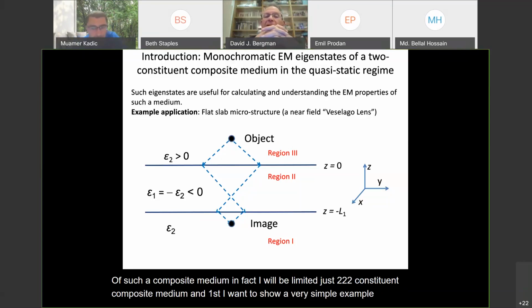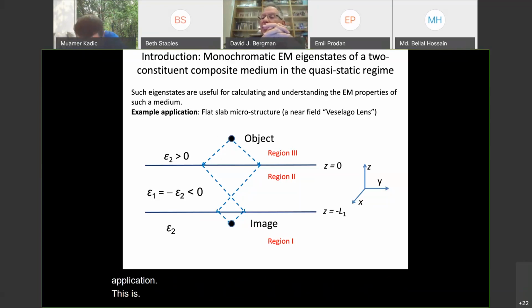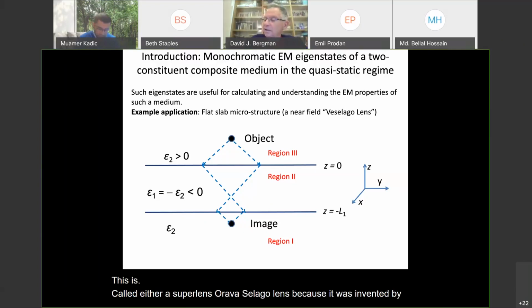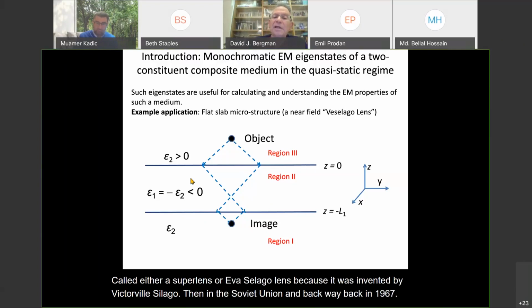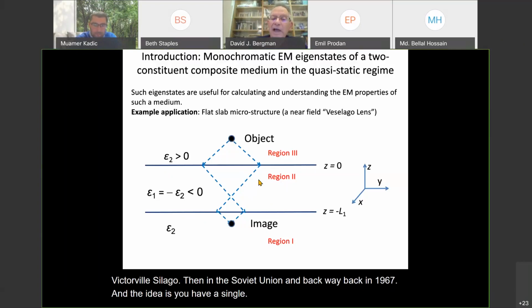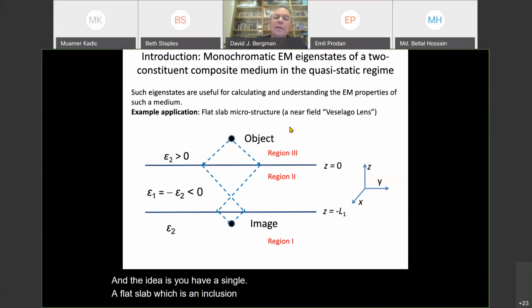This is called either a superlens or a Veselago lens, because it was invented by Victor Veselago, then in the Soviet Union, way back in 1967. The idea is you have a single flat slab, which is an inclusion in an otherwise homogeneous medium.